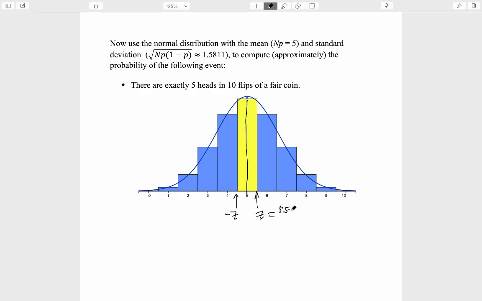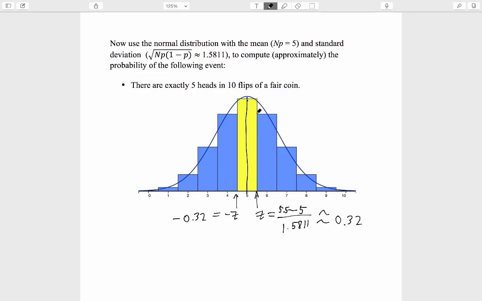And that 5.5 lives a certain distance above the mean. I want to divide through by the standard deviation, and when I do that, it turns out that this is approximately 0.32, which means that negative z here is negative 0.32.